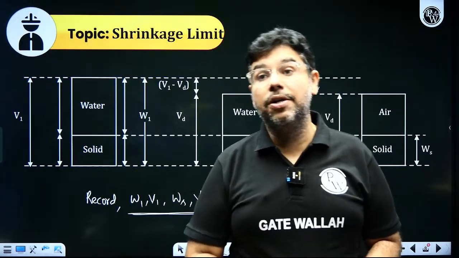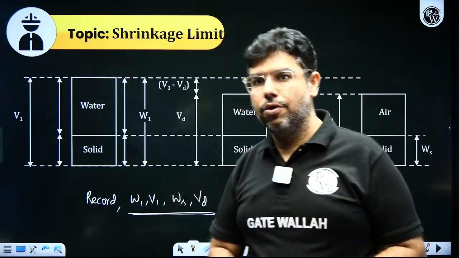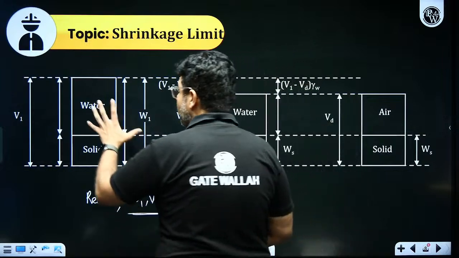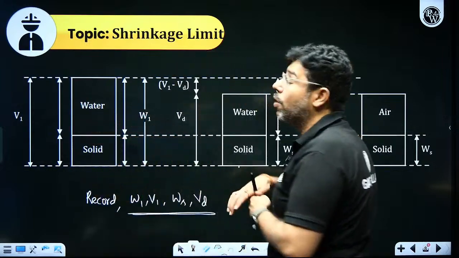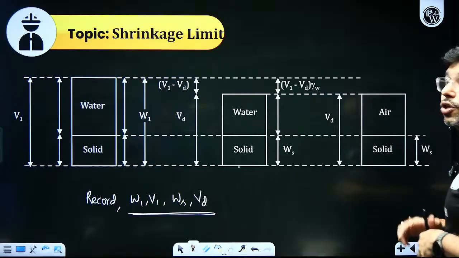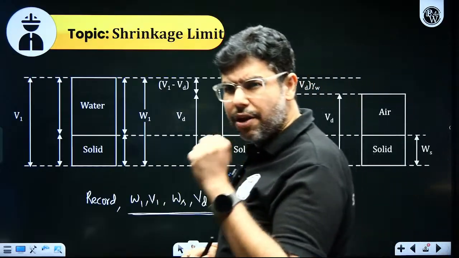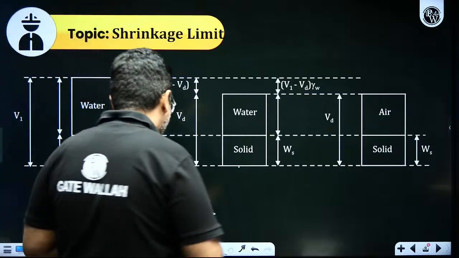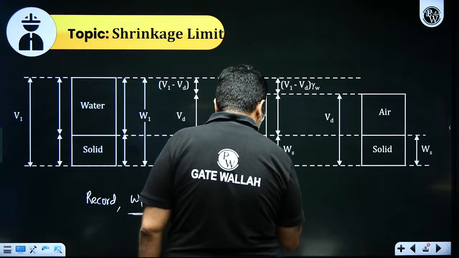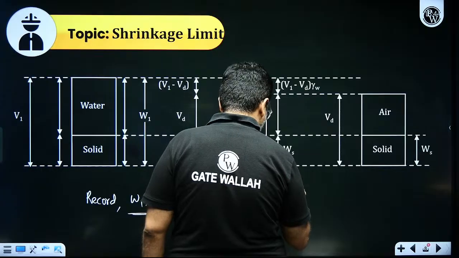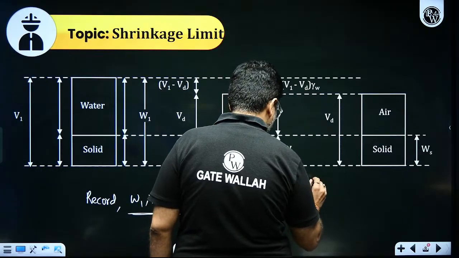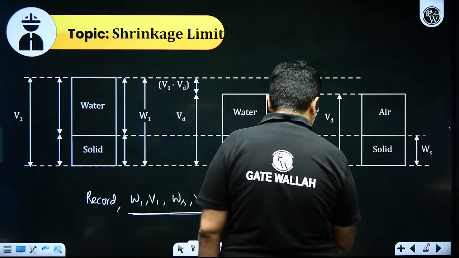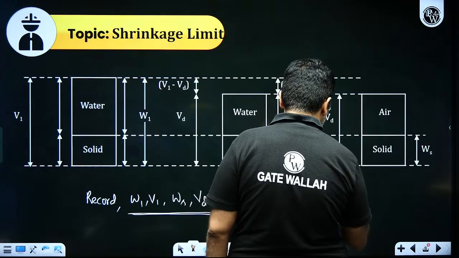Now, we have to find out shrinkage limit. At shrinkage limit, my soil is just saturated. So, when the soil was drying from oversaturated condition to dry condition, there will be a state at which the soil is just saturated, and the water content corresponding to this state is the shrinkage limit. This is an imaginary condition.